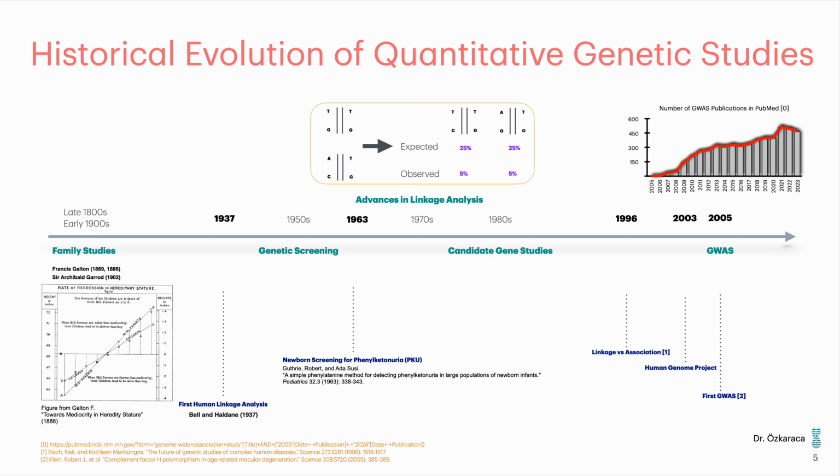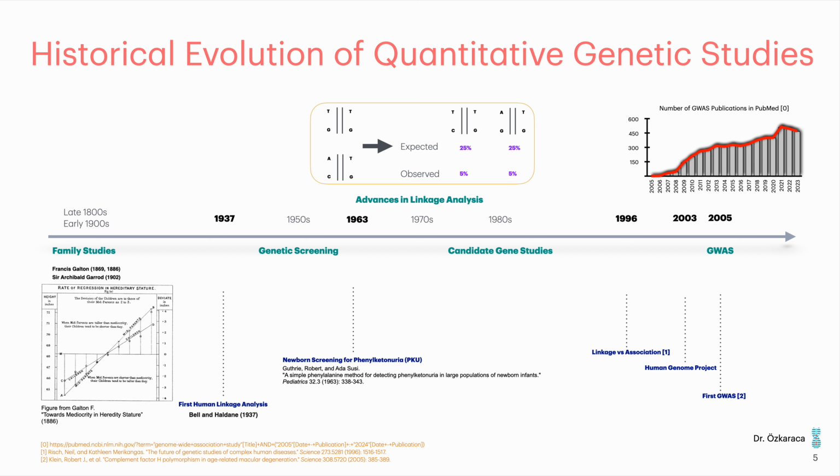Next, in the 1970s and 1980s, researchers focused on candidate gene studies, where specific genes suspected to influence traits were tested. This approach was also groundbreaking, but had a significant limitation. It requires prior knowledge or a strong hypothesis about which genes to target.